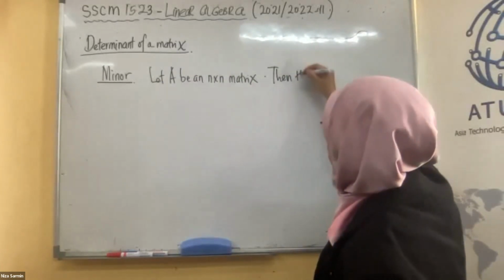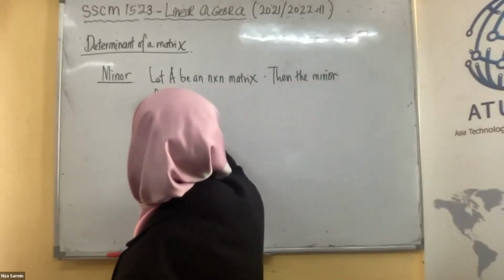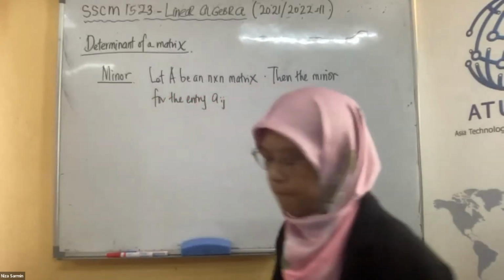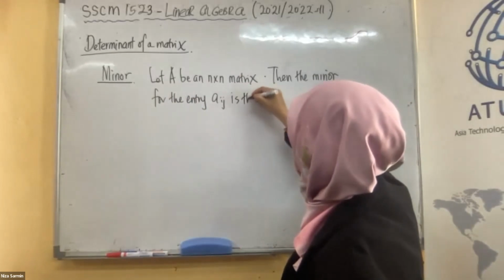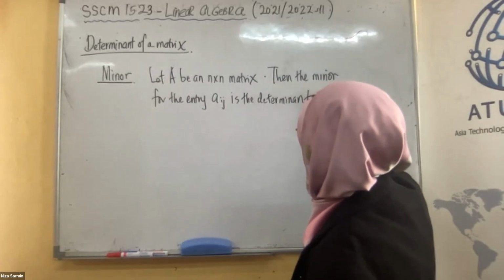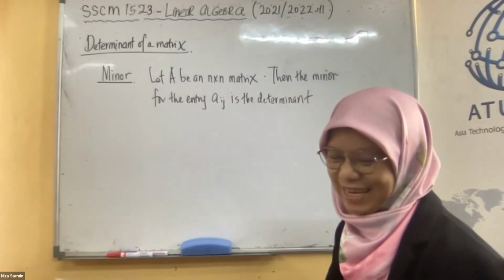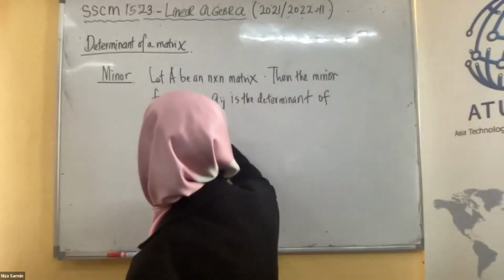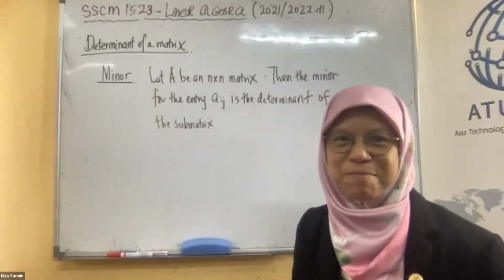Then the minor for the entry Aij is the determinant of the submatrix. Before this we learn about submatrix, right?